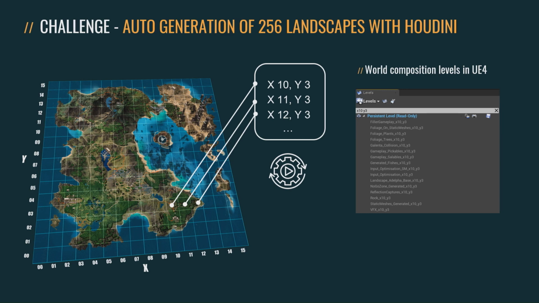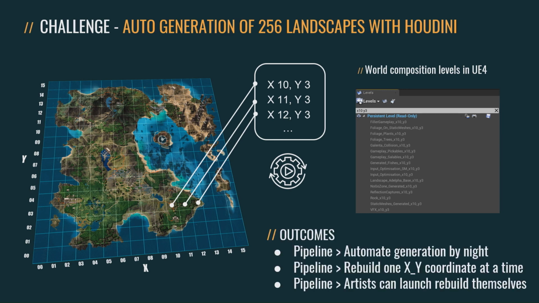And we decided to base most of our levels on that convention. It helped us a lot, because our pipeline system can easily find all those scenes based on that convention of coordinates.